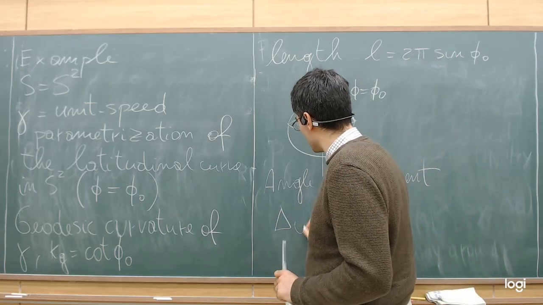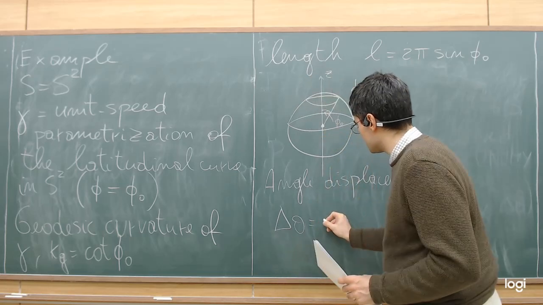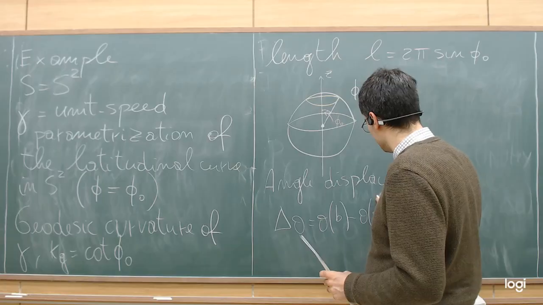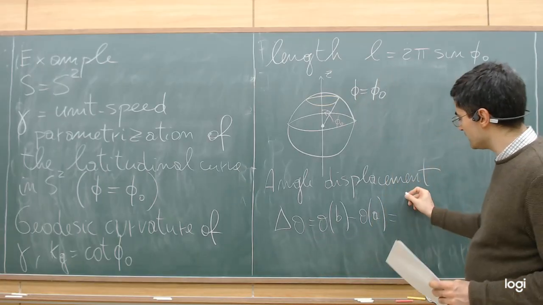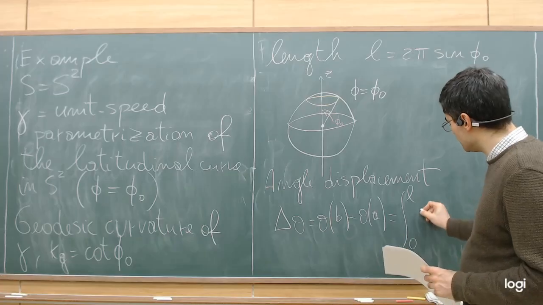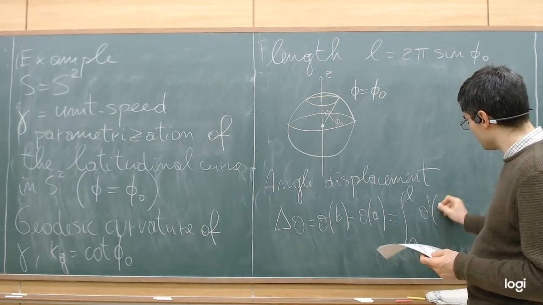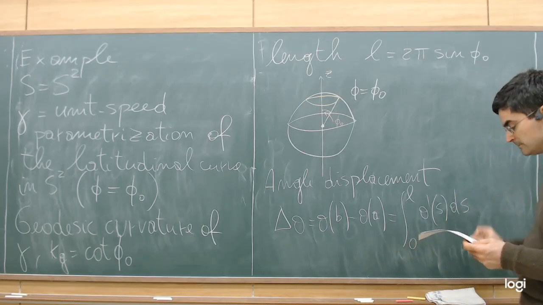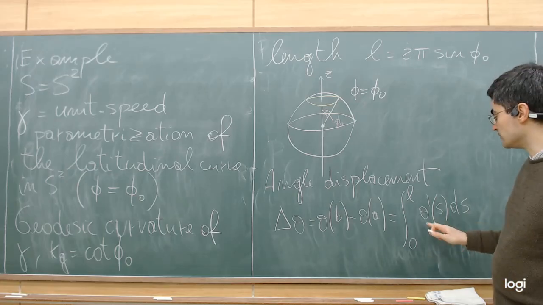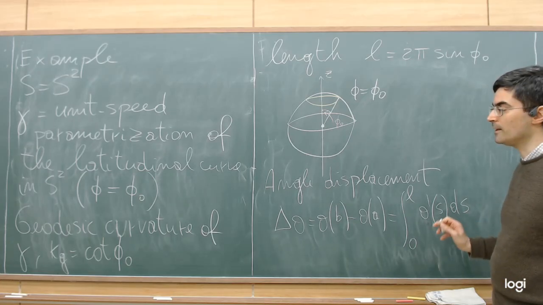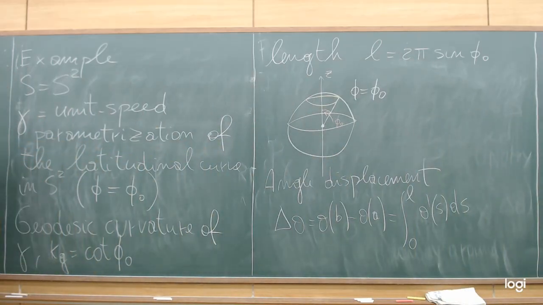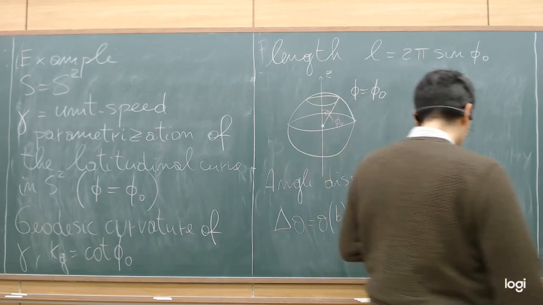It is given by theta b minus theta a, and this can be written as the integral from 0 to L of theta prime s ds. But what is the relation between the derivative of the angle function and the geodesic curvature? They are the same.